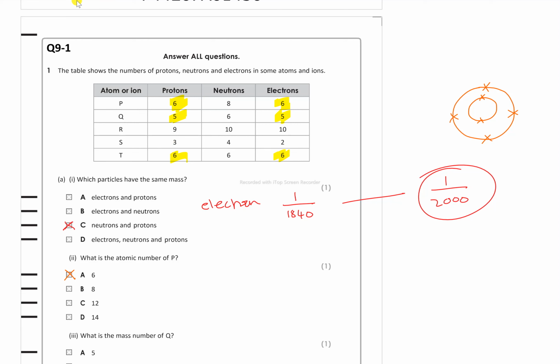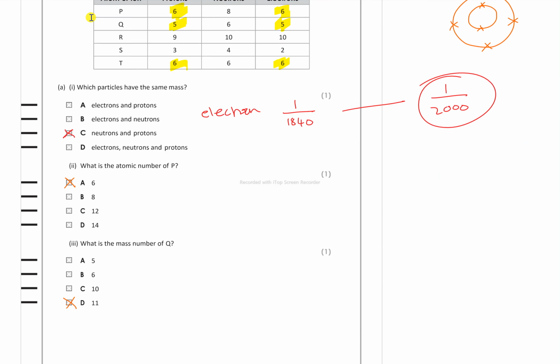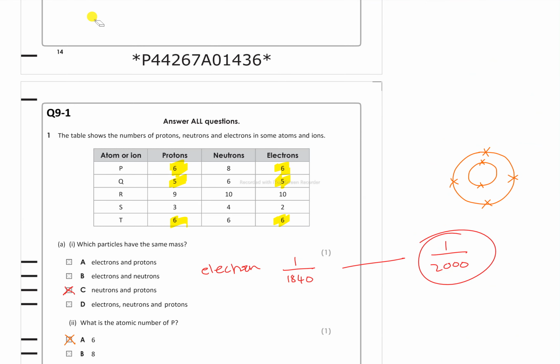So now we know it must be one of these two. So for a positive ion we need more pluses than minuses. We need more protons, where this number has to be bigger than this. So it can't be that. So it's that one and that one.